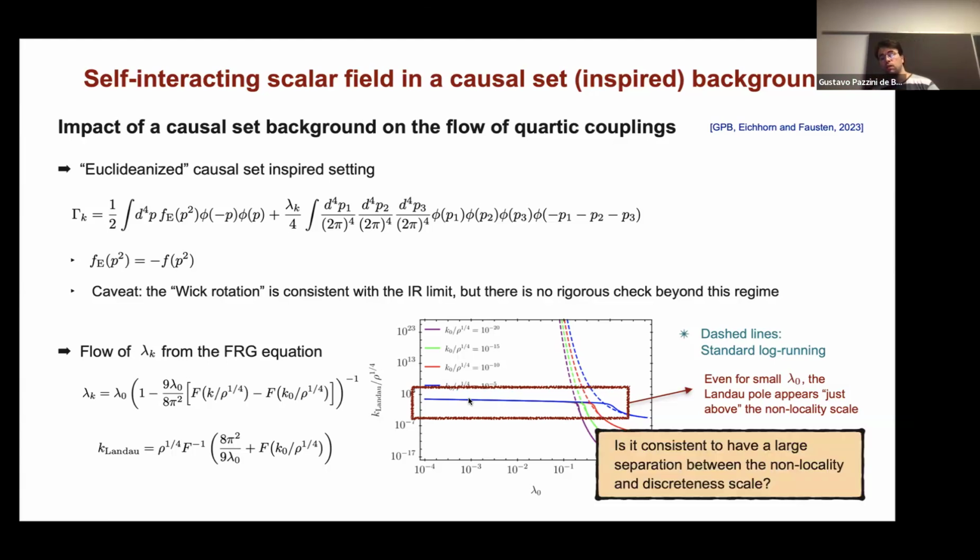One possible consequence of this is that we can no longer have a large separation between the non-locality scale and the discreteness scale. And I want to emphasize that this separation is required from the construction of the D'Alembert operator, because this large separation is something that you need in order to tame large fluctuations when you average over sprinklings. And it seems from this result that perhaps it's not possible to get this large separation.